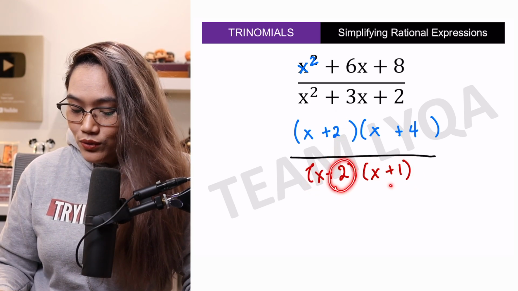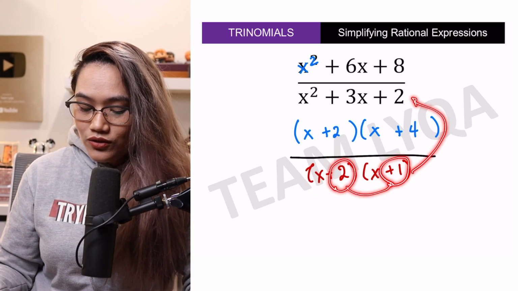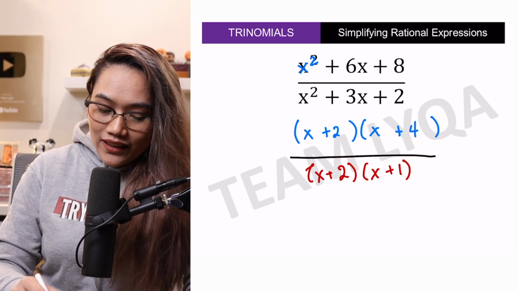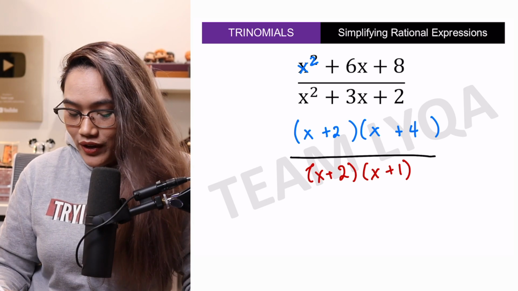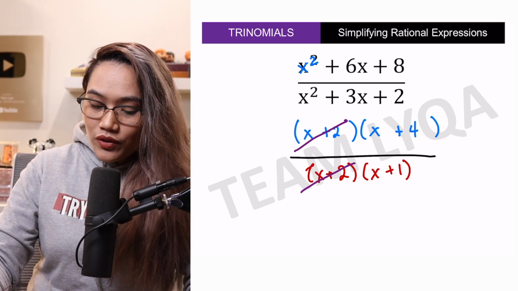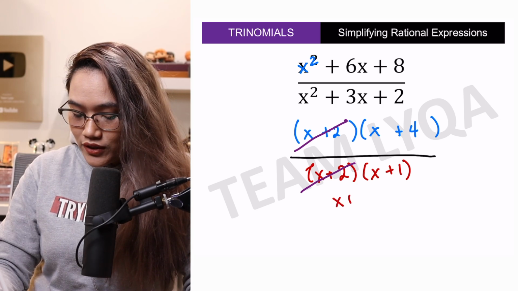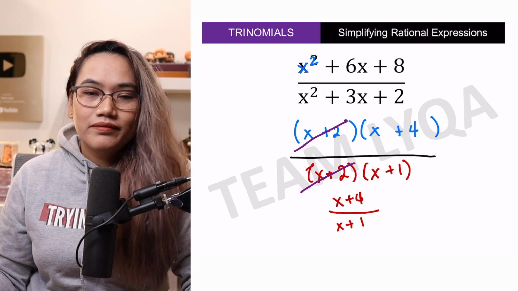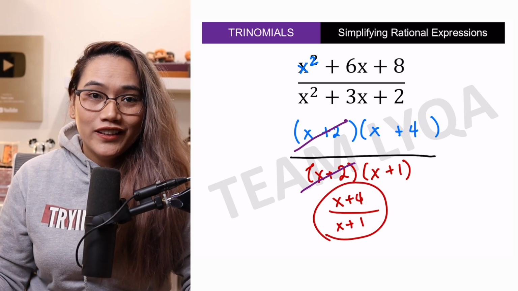And positive 2 times positive 1 is 2. So, tama tayo doon. At agad-agad, makikita natin na meron tayong pwedeng i-cancel, yung x plus 2 sa taas at x plus 2 sa ilalim. Which leaves us with our answer, x plus 4 over x plus 1. That becomes kung ano yung natitira.